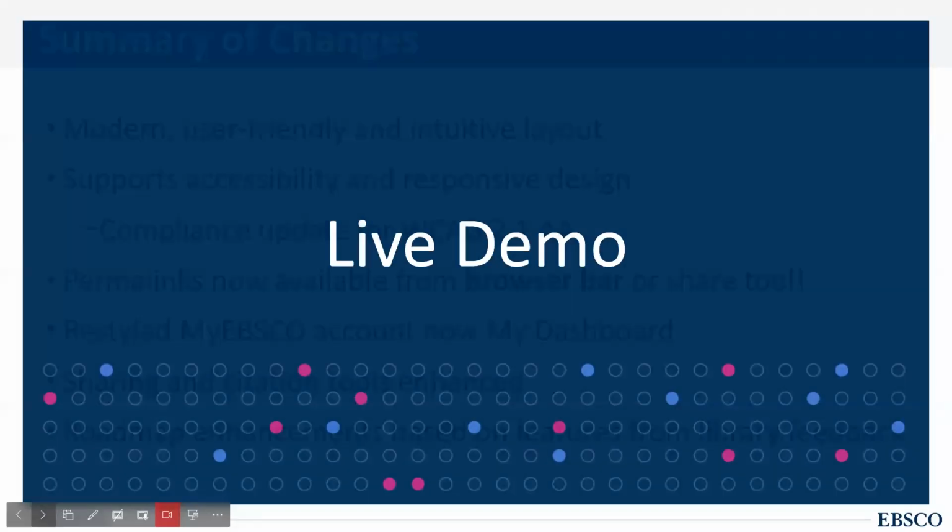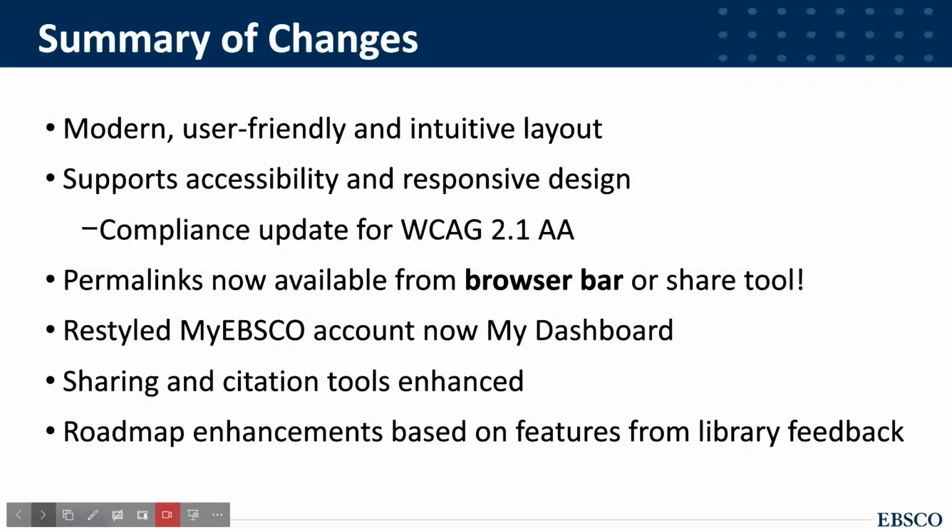So just to summarize some of the changes that you'll see within the new EBSCOhost UI when accessing academic databases is that the UI is modern, friendly, accessible. One big win is that the permalink is now available from the browser bar. In addition to the share tool, we just demoed the MyEBSCO account and the redesign in the My Dashboard. There are enhanced sharing and citation tools, and then we're going to take a look at the roadmap.